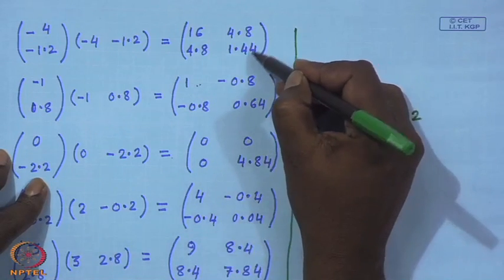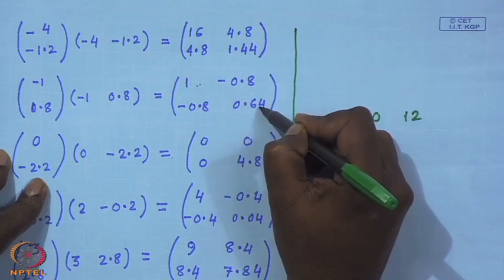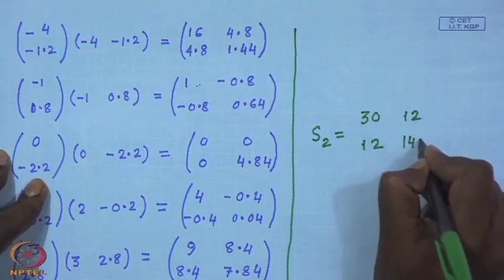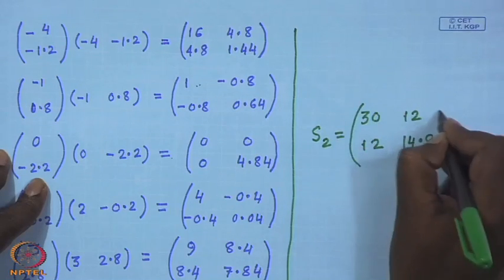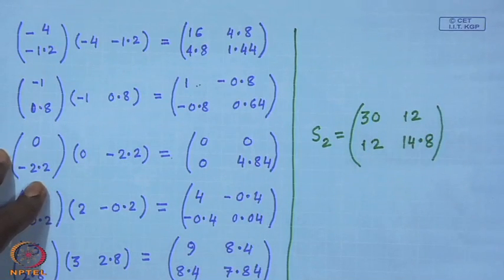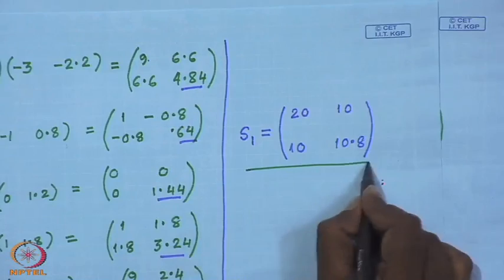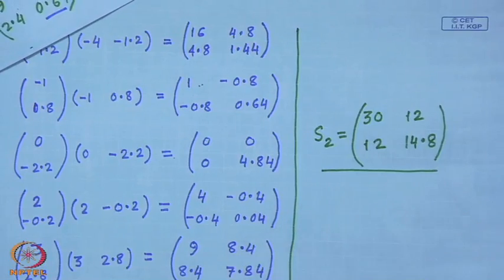This last component will be 1.44 plus 0.64 plus 4.84 plus 0.04 plus 7.84, so this will be simply 14.8. So, you find that I get 2 scatter matrices, one for class omega 1 which is S1, and the other for class omega 2 which is S2.